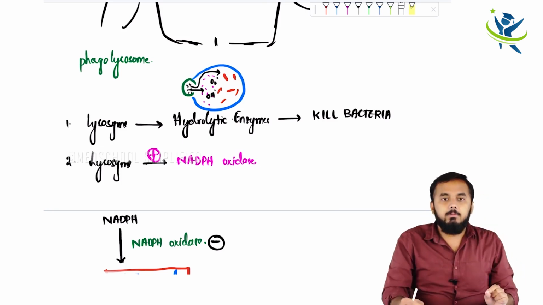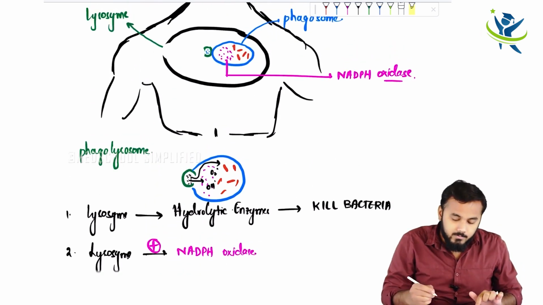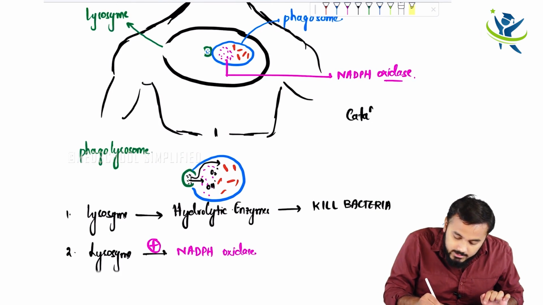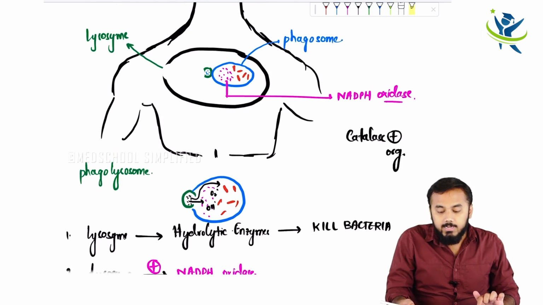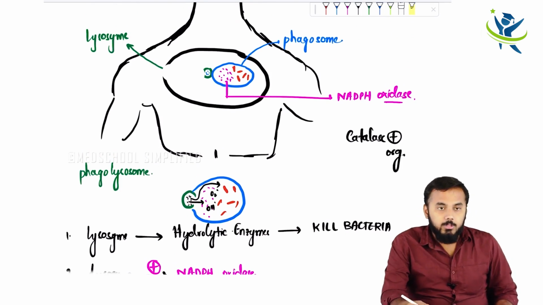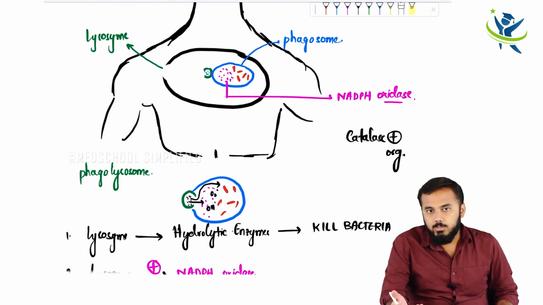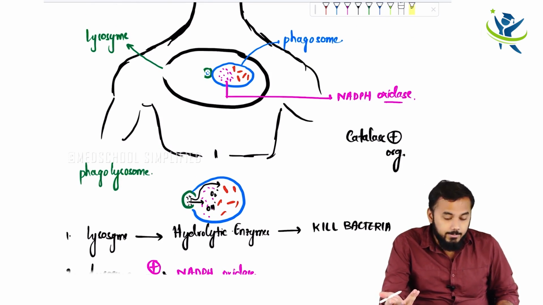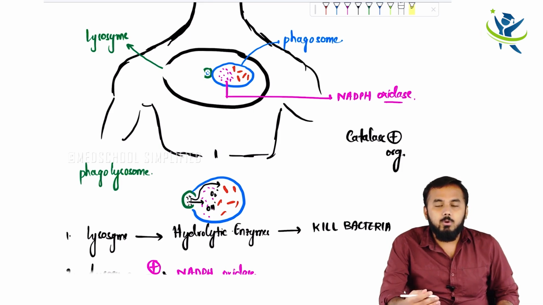When there are no free radicals, how do you think the bacteria will be killed? Right at this point, catalase positive organisms come inside. And catalase positive organisms will tell you, hey, look, you don't have NADPH oxidase, so there are no free radicals produced in your body.